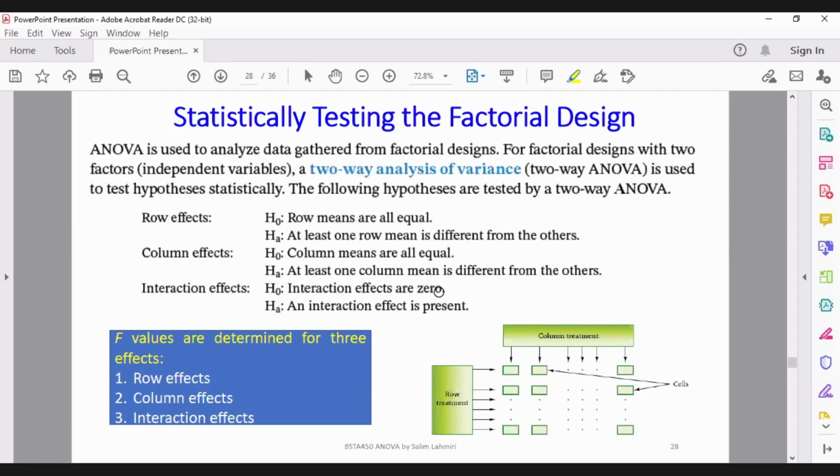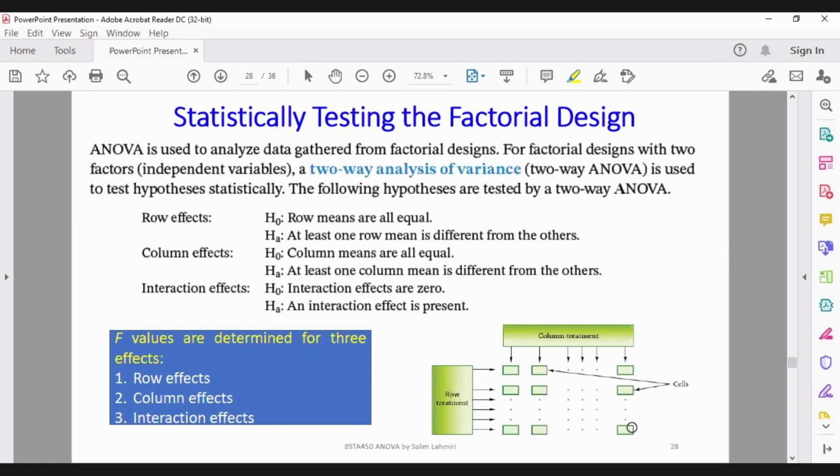For row effects, H0: the row means are all equal. Alternative H1: at least one row mean is different from the others. For column effects, H0: the column means are all equal. Alternative H1: at least one column mean is different from the others.